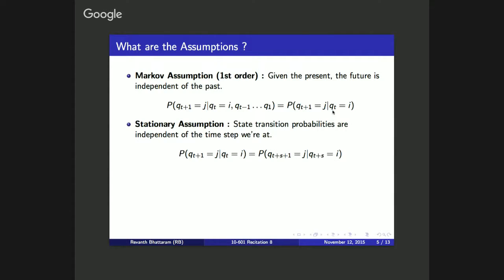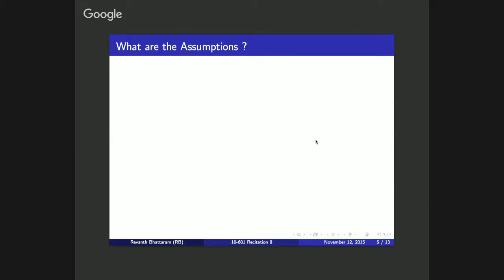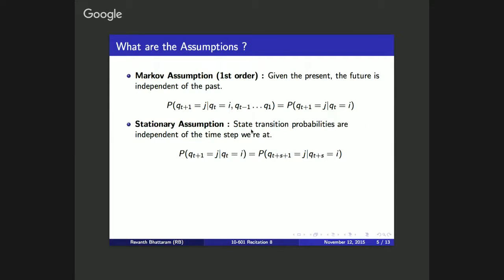The second assumption is the stationary assumption. If you notice over here, we define A_ij and B_i with this T parameter, but I didn't mention anything about what T is. Is it 0? Is it 1? Does it have a range? That's where the stationary assumption comes in: it doesn't matter what time step we're at. The transition probabilities and the observation probabilities are independent of the time step we're at right now.